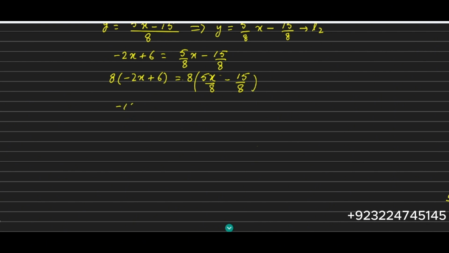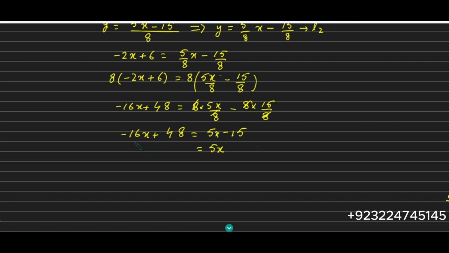We get minus 16x plus 8 into 6, which is 48. This one, 8 into 5x by 8 minus 8 into 15 by 8. We get minus 16x plus 48 on the left side, and on the right side we get 5x minus 15.